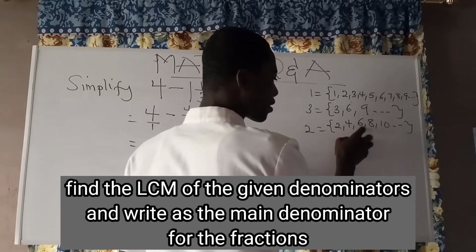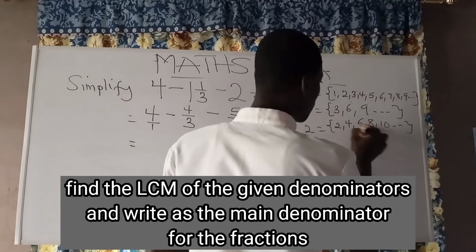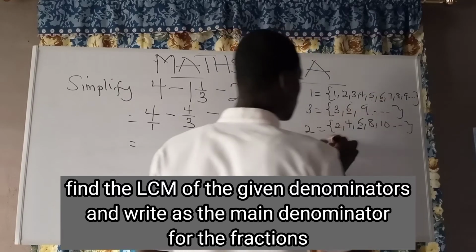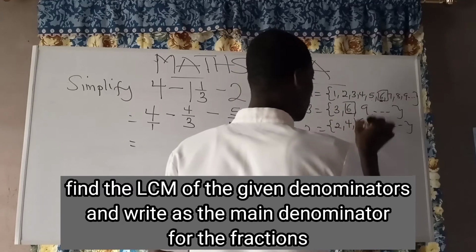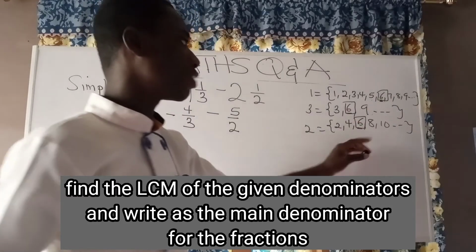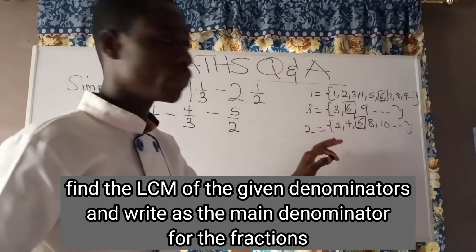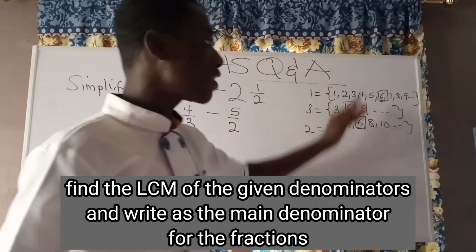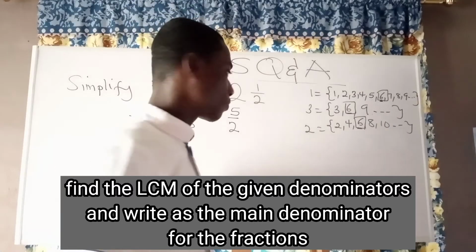But we have 6. 6 is here, 6 is here, 6 is here. Let me circle it for you to see. So 6 is common to the multiples of 1, 3, and 2. That is the first common multiple we found, so that becomes the lowest common multiple.